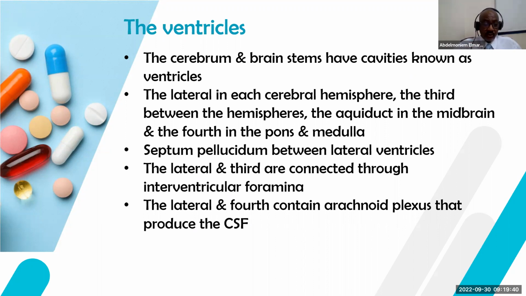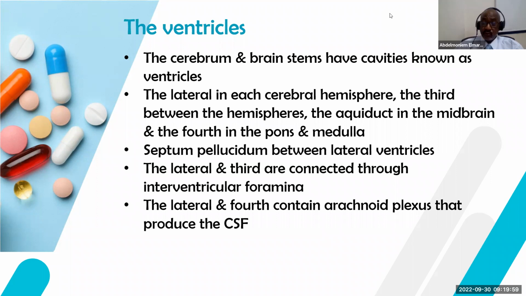Physiologically speaking, they will tell you about the production of the CSF, but it is a production rather than secretion. So can anybody tell me what is the difference when I say it is secreted or it is produced?